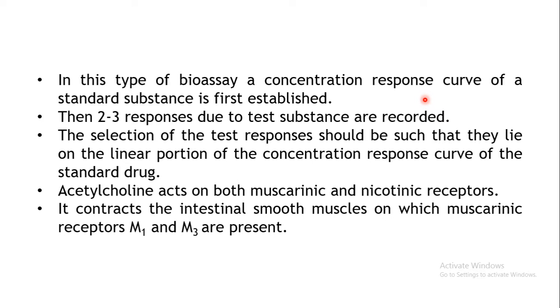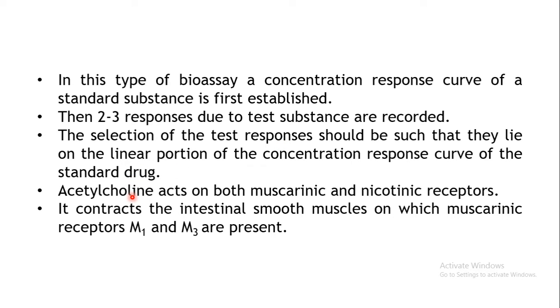One thing you should take care of is the volume of the test substance which you select: it should lie in between the doses which you have selected for your standard. Now coming to the drug under study, that is acetylcholine.